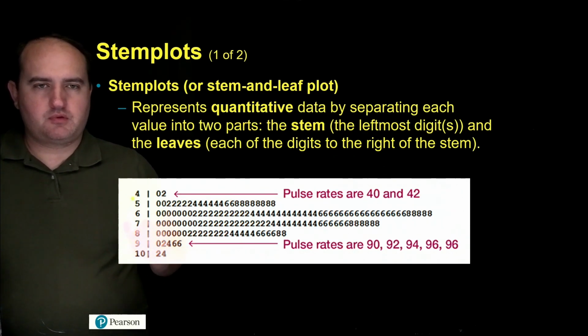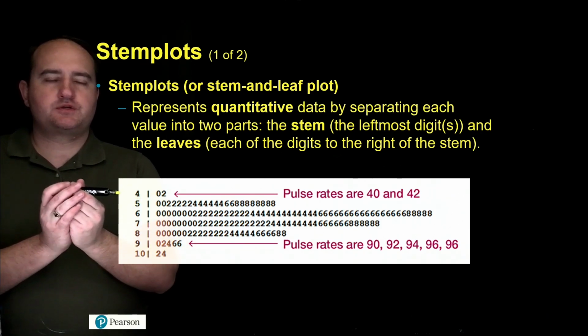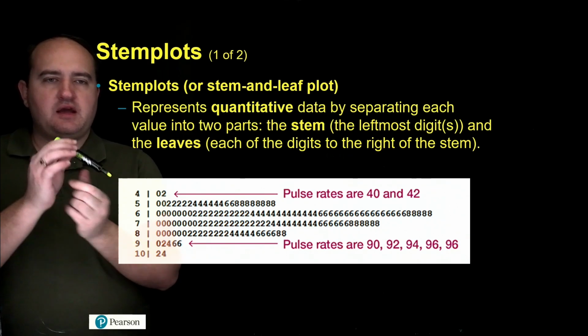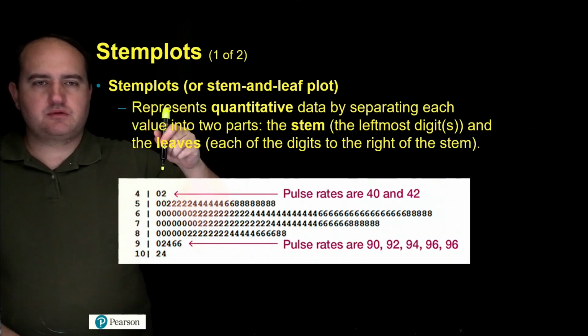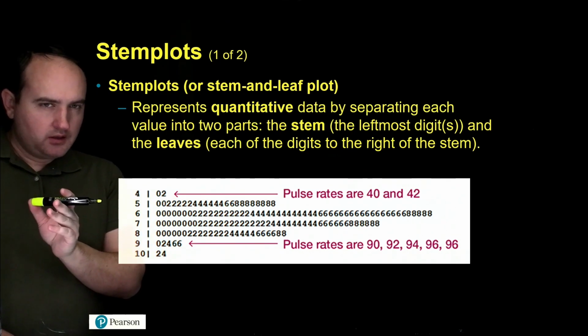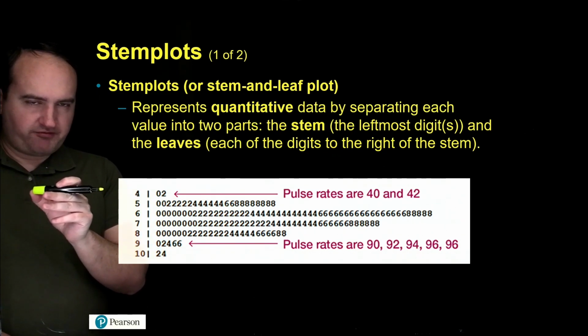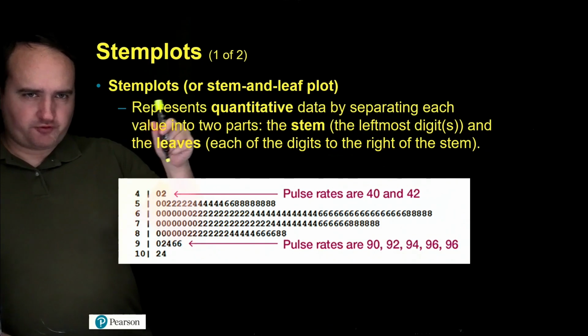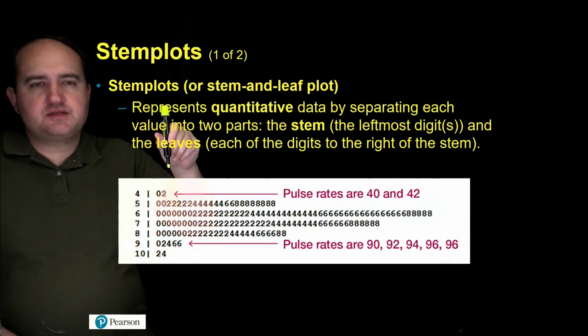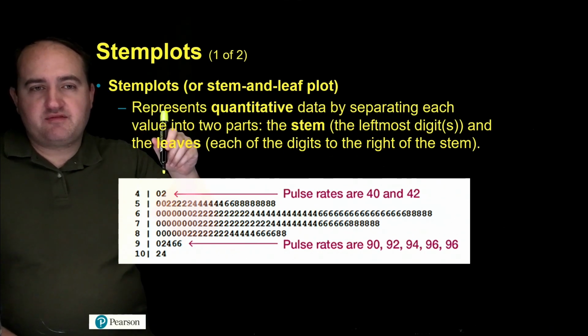So for example, in this first row, our stem is 4, and our 2 leaves are 0 and 2. So what does that tell us? Each leaf indicates an individual data value.